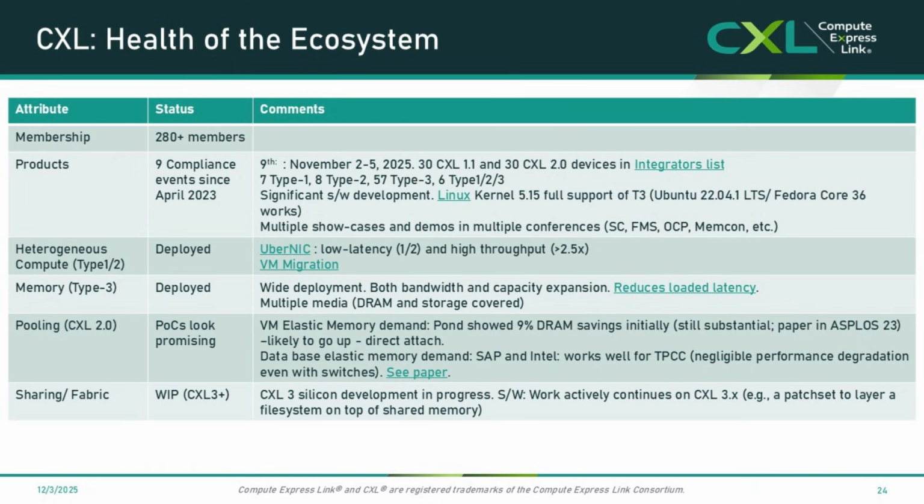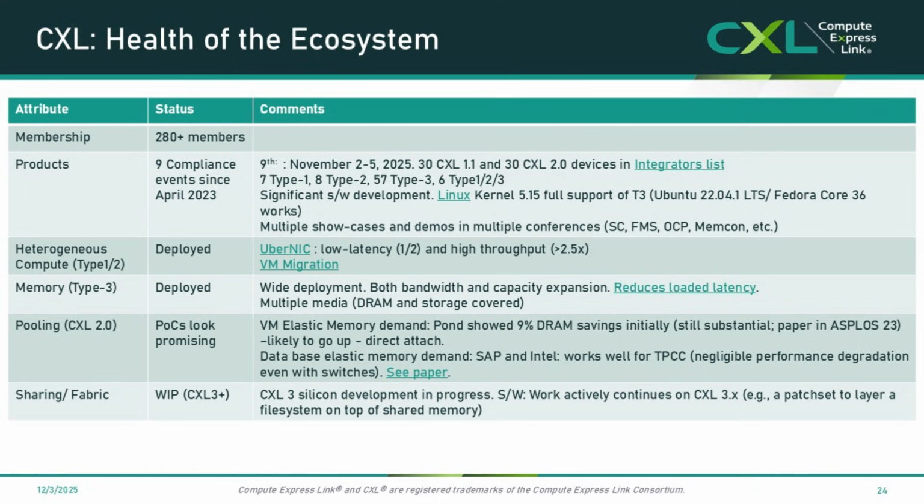Type 3 is obviously getting lots of deployment. Primarily, bandwidth expansion and capacity expansion are the main attractions. They're also seeing reduced latency that has been reported, and there's a link there that you can click on for more details. There have been multiple media types placed on the Type 3 device. DRAM is the obvious choice.